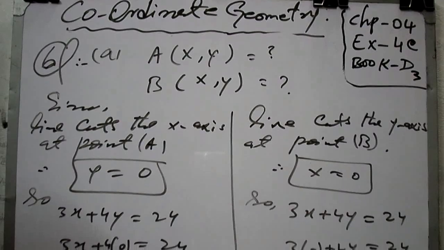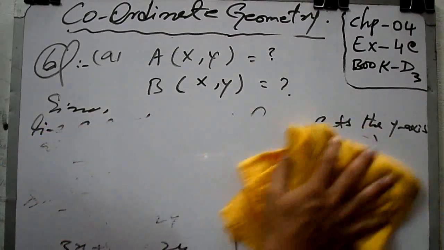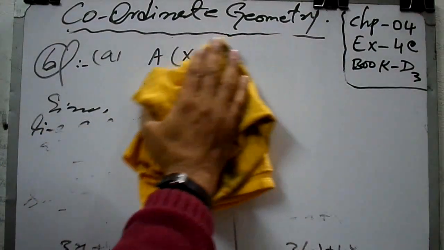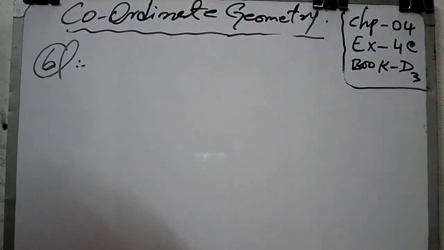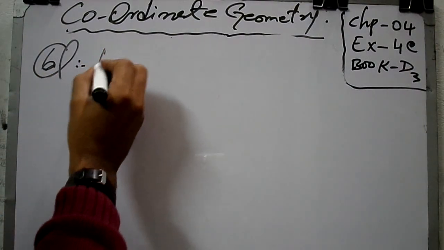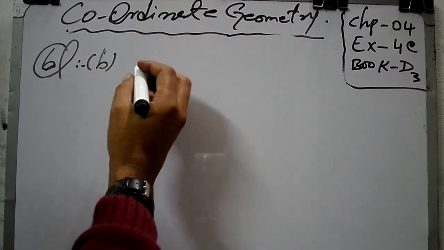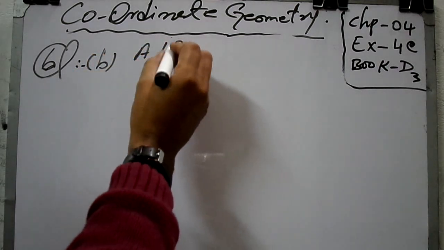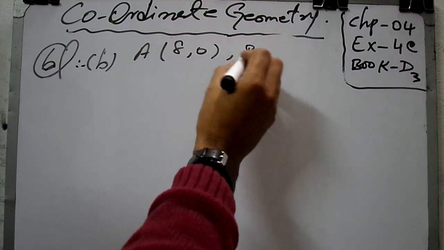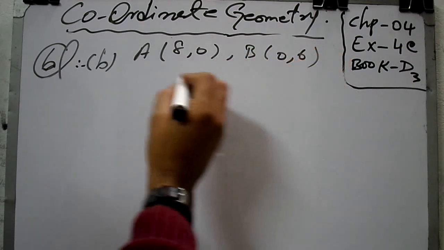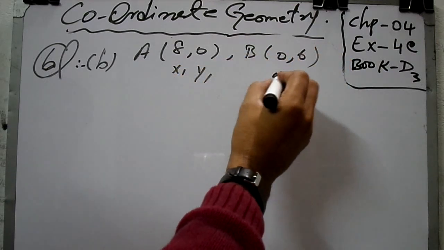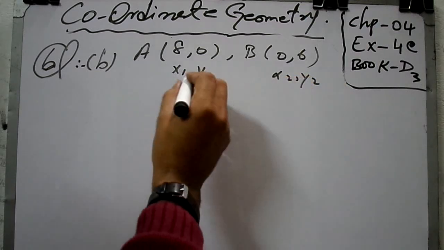The second part is the length of AB in B part. Same question but B part. So for B part, A coordinates are 8, 0 and B is 0, 6. So that is x1, y1, x2, y2.